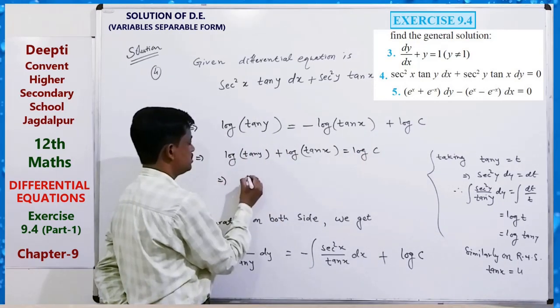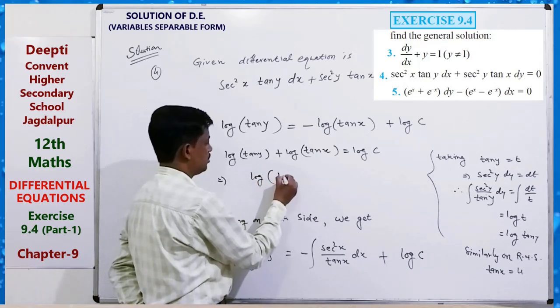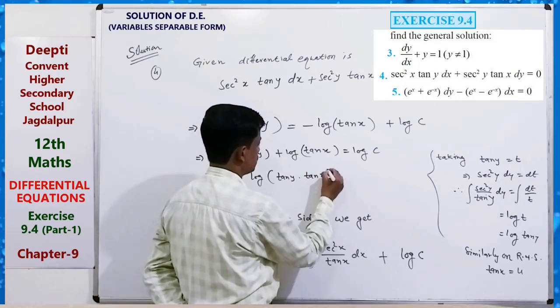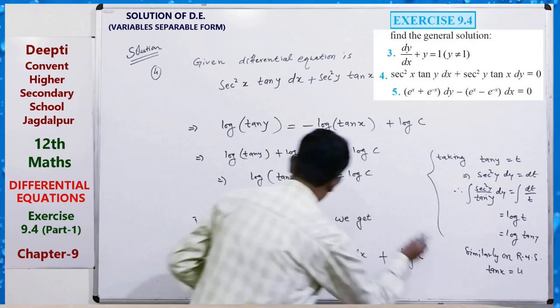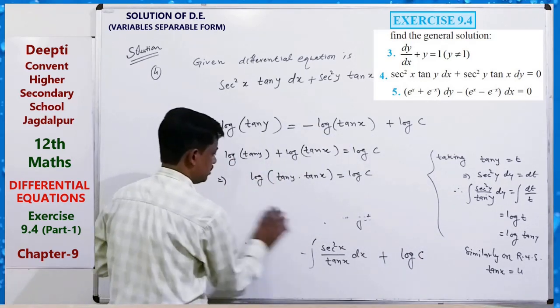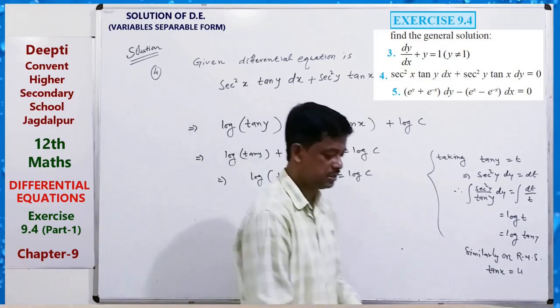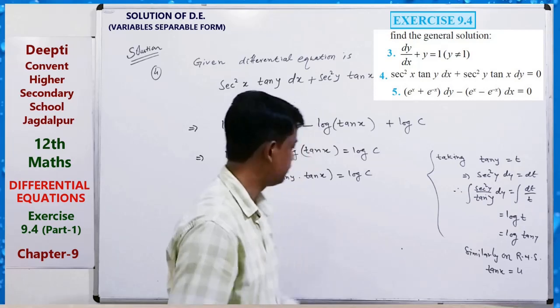So here we can write log of tan y into tan x equals to log of c. So we can write tan x tan y equals to c.